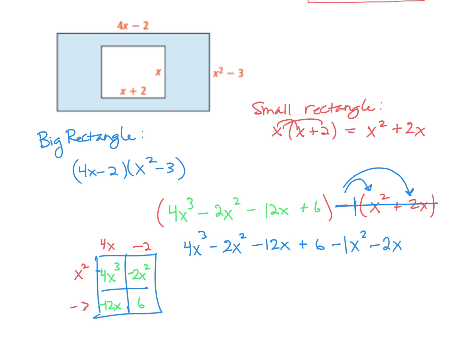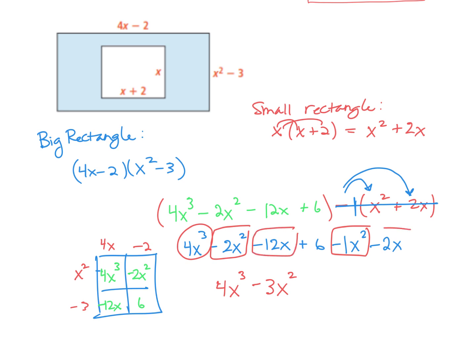And now we can just combine like terms. To put it in standard form, I'm going to go for highest exponent first, so 4x cubed. Then I'm looking for x squared. We have a negative 2x squared plus a negative 1x squared is a negative 3x squared. Remember, variables and your exponents don't change when we're just adding terms together.